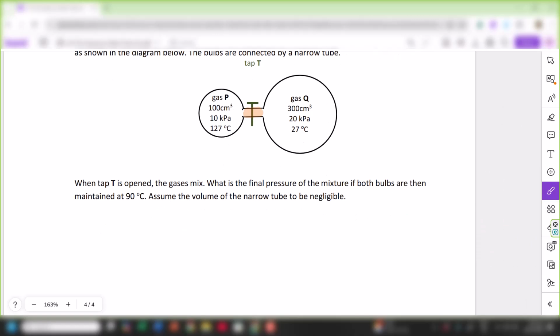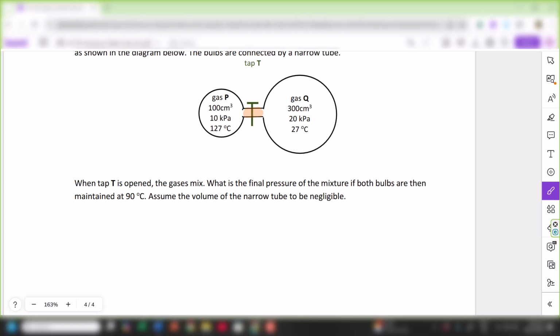Some students will find that solving this is quite complicated, because it looks complicated. But remember this: when we deal with a situation like this kind of question, we need to remember the overarching principle of physical science, the conservation of mass. Whatever you are doing, the mass must be conserved.